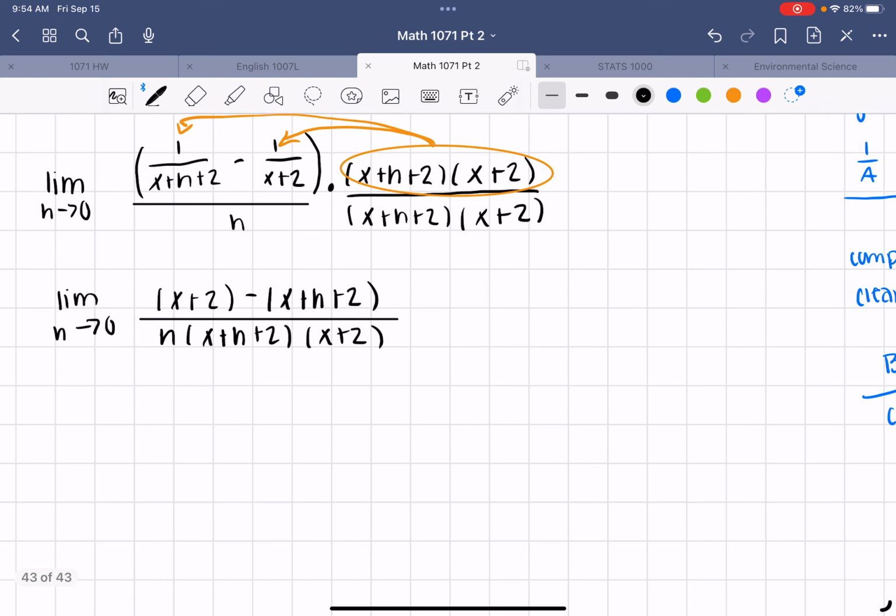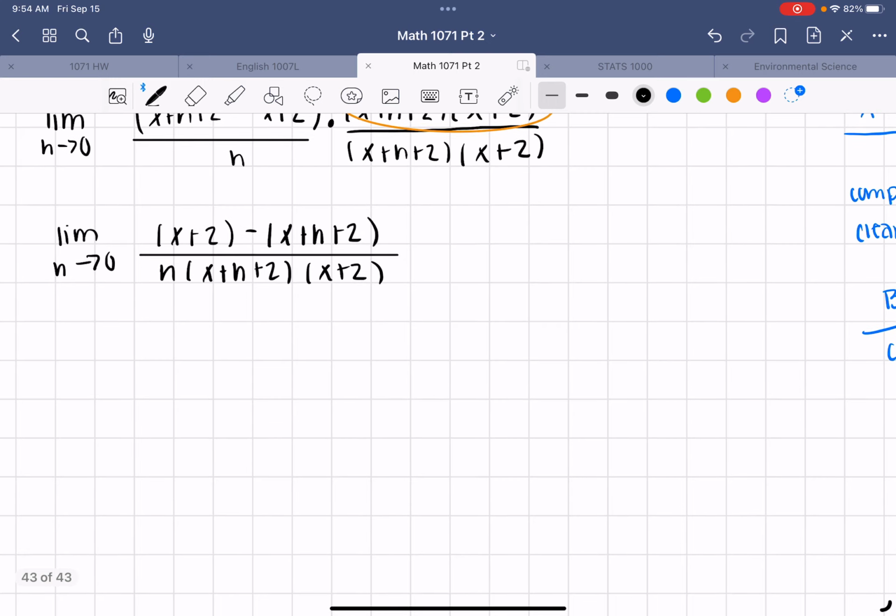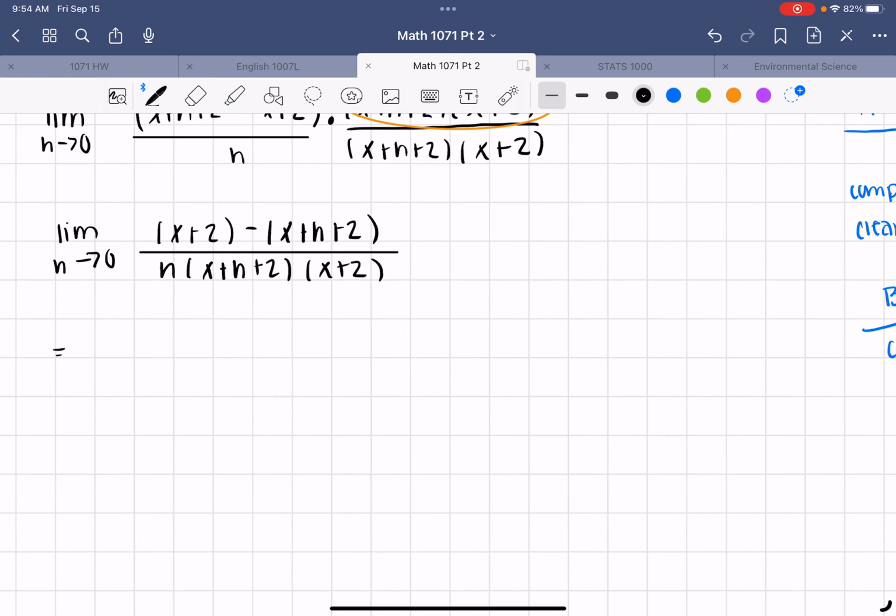And you're left with the limit as h goes to 0 of, well, you got a negative 1. You cancel h over h to have negative 1, over x plus h plus 2, x plus 2. And now, you no longer have division by 0. If you put 0 in for h there, you just have x plus 2.